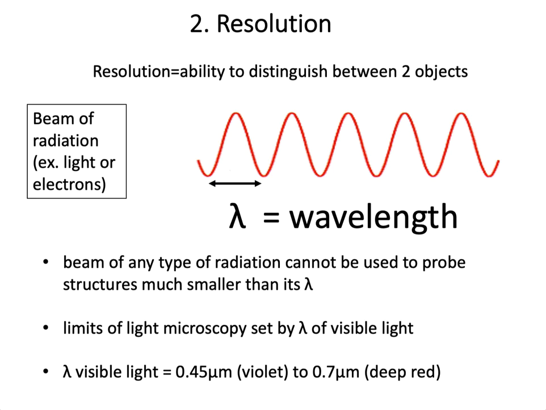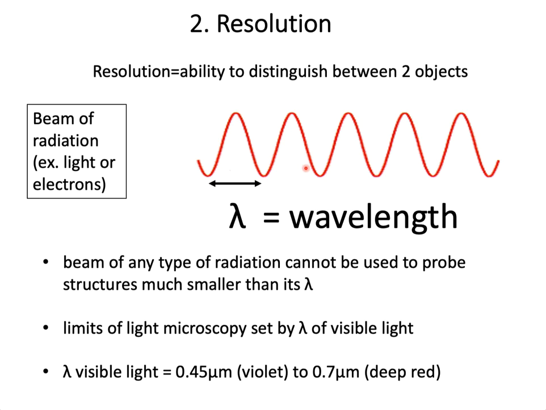So that was magnification. Now let's talk about resolution. A very simple definition of resolution is the ability to distinguish between two objects. All microscopy depends on beams of radiation such as light or electrons, and if you remember from physics classes, beams of radiation travel in waves.